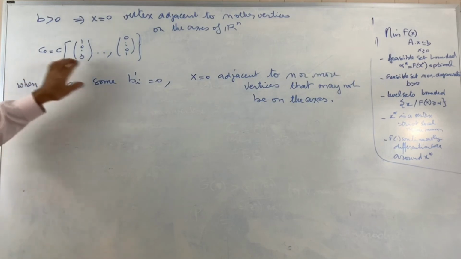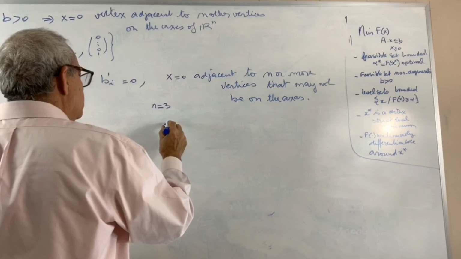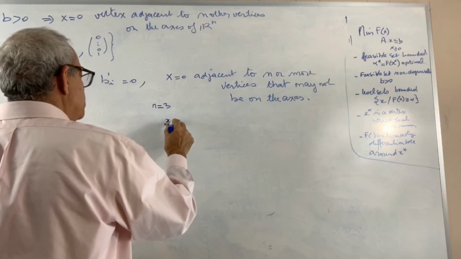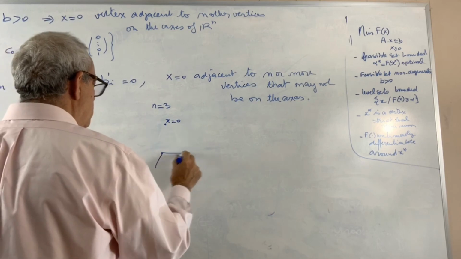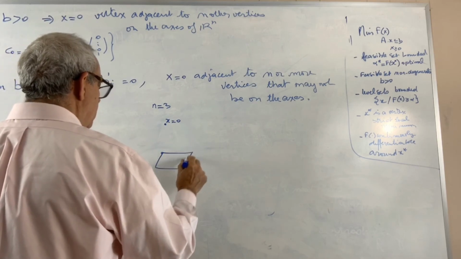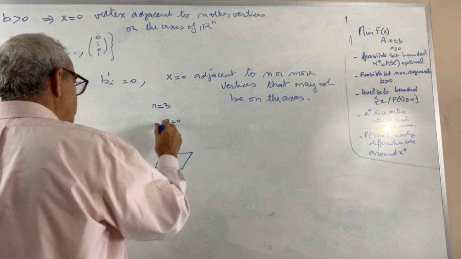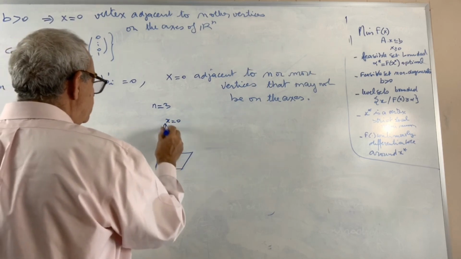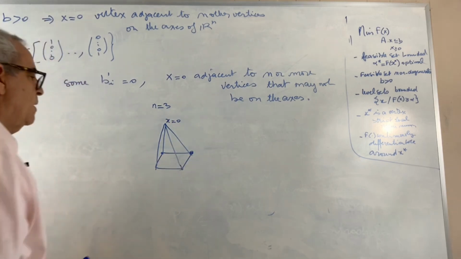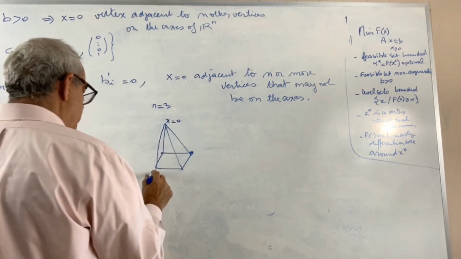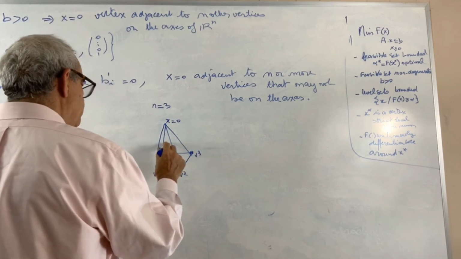So we cannot use the starting cone. Let me give an example for n equal to 3. So this is our x equal to 0, and my x equal to 0 is adjacent to v1, v2, v3, and v4.